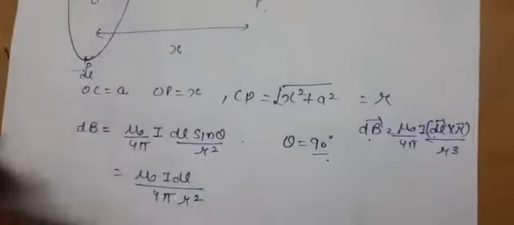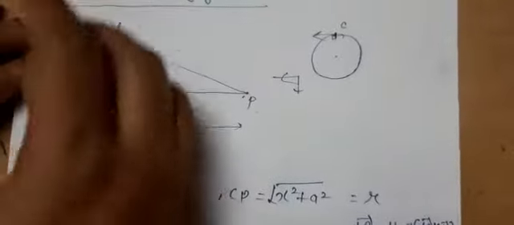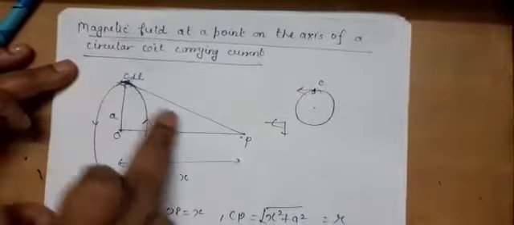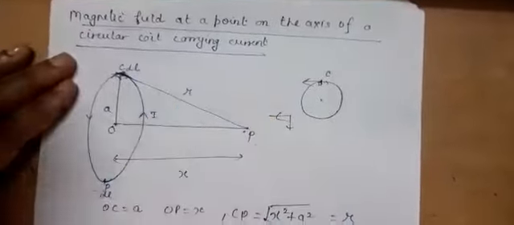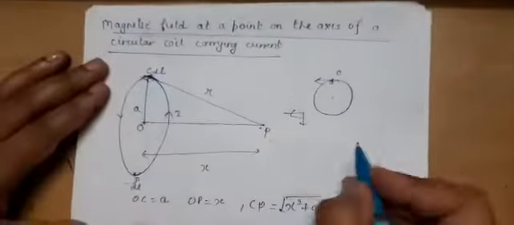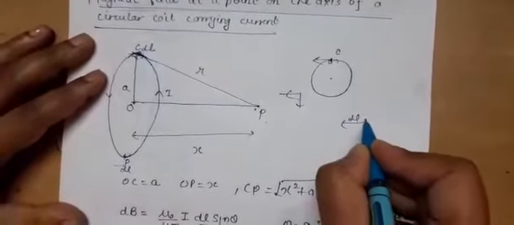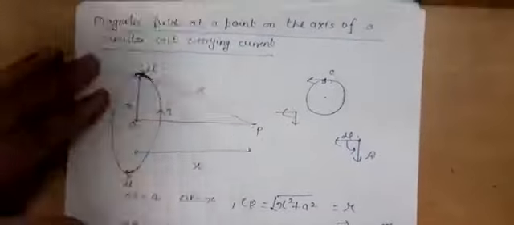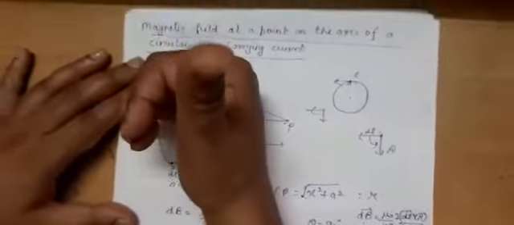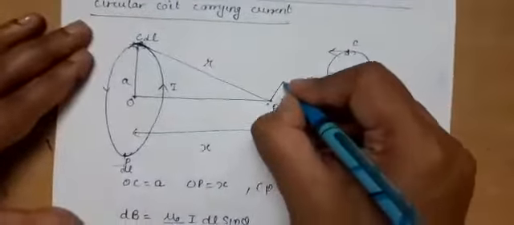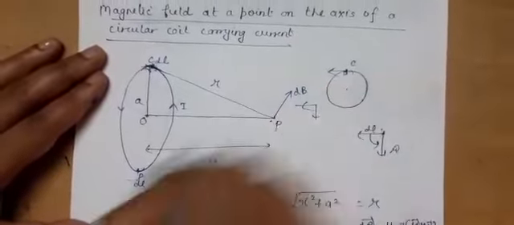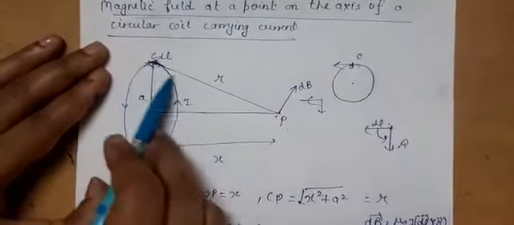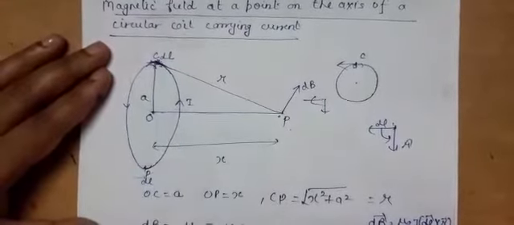If I take the vector product rule, dl is along this direction and r is perpendicular to it. For dl cross r, if I apply the right-hand thumb rule, the direction of the magnetic field is directed upward. Let this be dB, perpendicular to the plane containing dl and r.